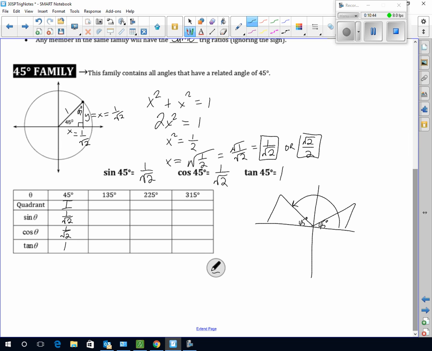Okay, so 135 is in quadrant 2. What is sine of 135 degrees? 1 over root 2. Why is it positive 1 over root 2? Yeah, do you remember the CAST rule? Yes? Sine is positive in that quadrant. Yes?